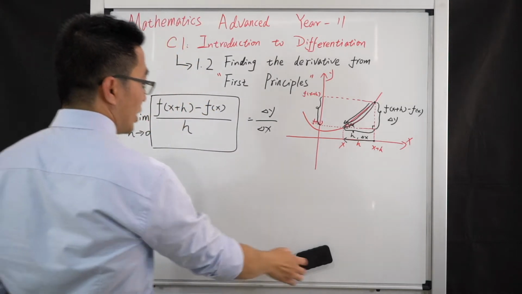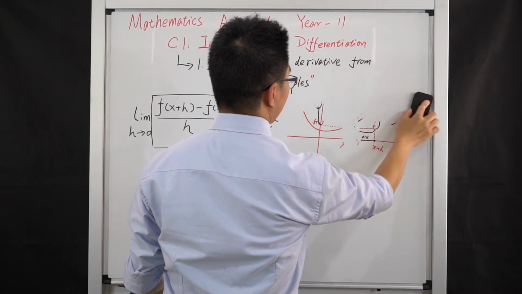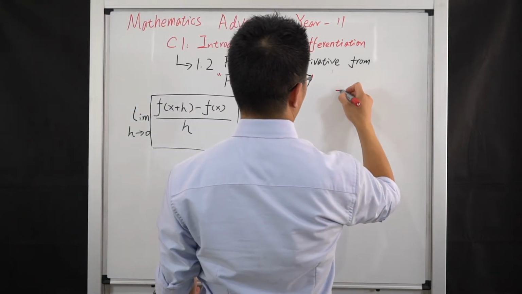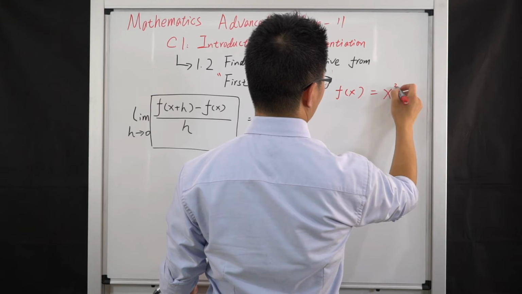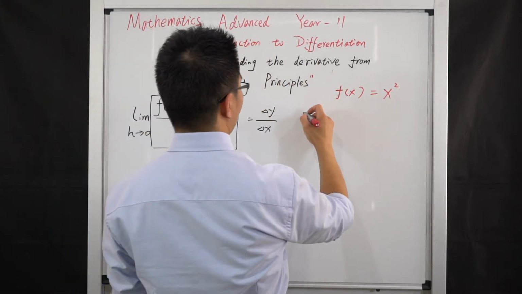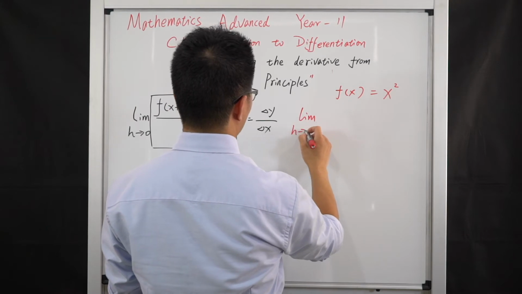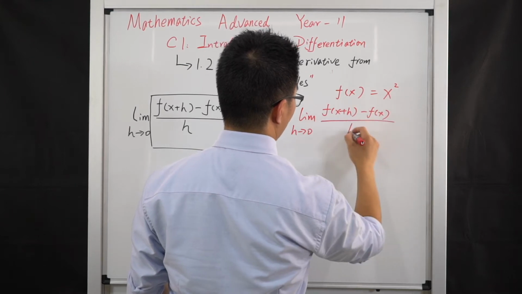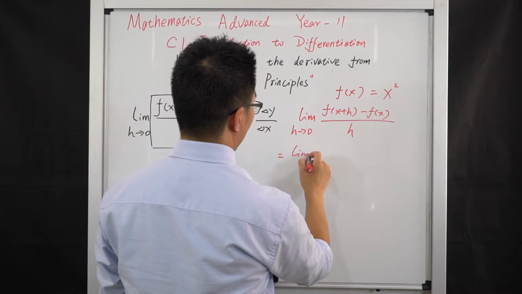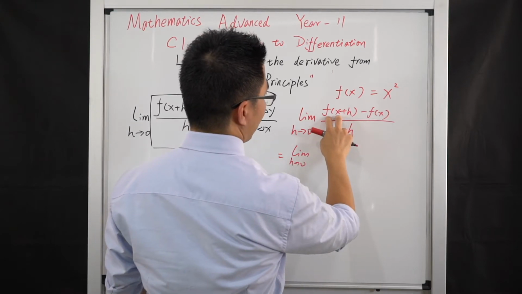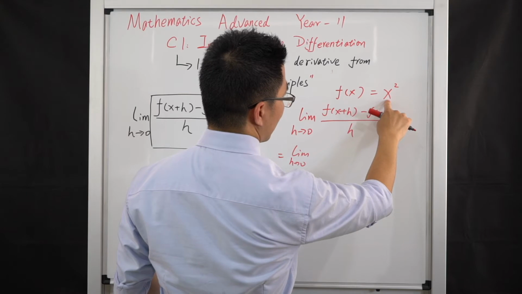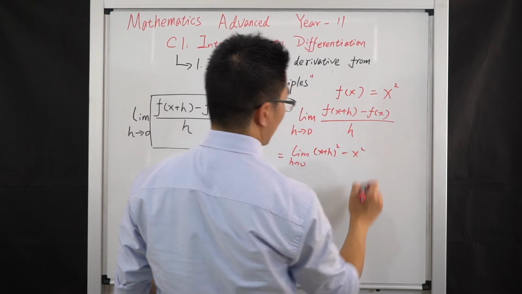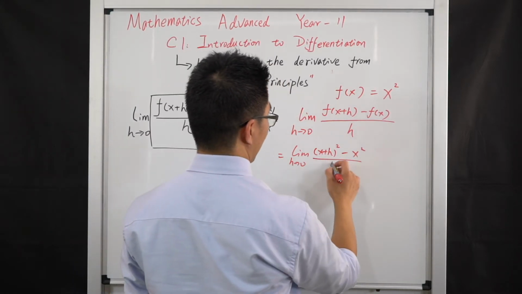Okay? We'll try a simple example, starting from f(x) equal to x squared. So the limit when h goes to 0 of f(x+h) minus f(x) over h equals the limit as h goes to 0 of, we replace the x with x plus h, so it becomes (x+h) squared minus x squared, again divided by h.